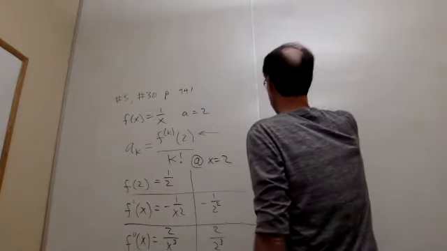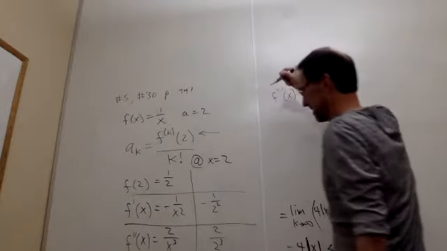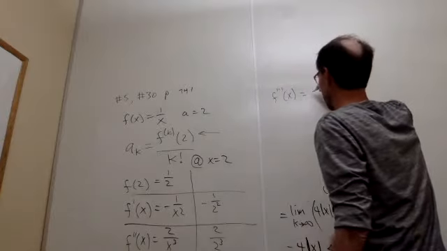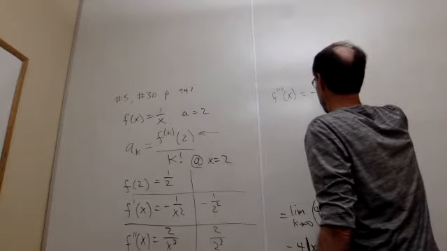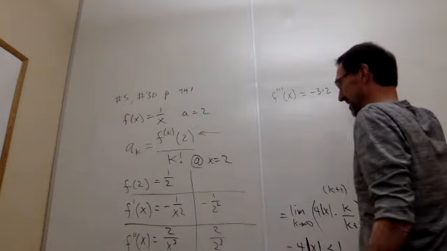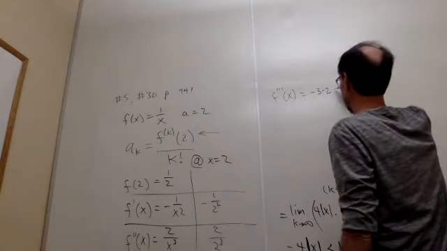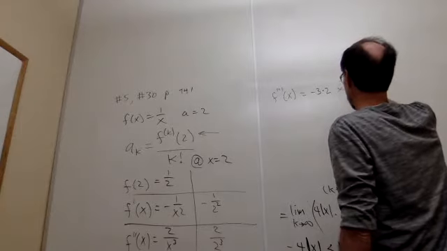The third derivative is negative. We're going to bring the -3 down, multiplied by 2. Again, we're looking for a pattern, so don't multiply it out. And then we get x to the -4. Let me write it like that.